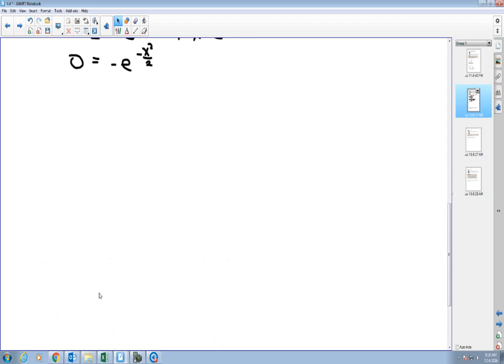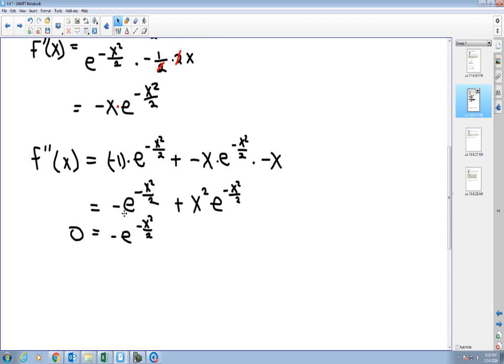If I factor out a negative e between these two terms, this term will be positive and this term a negative x squared. Excuse me, I'm not going to factor out a negative.